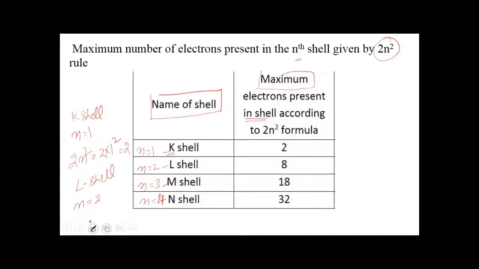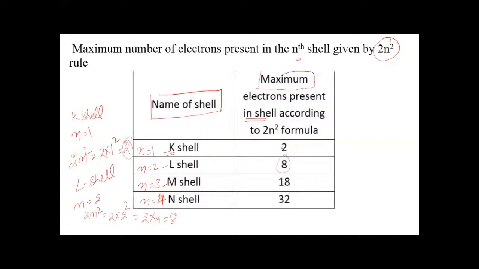According to the formula 2n square, this is 2 into 2 square, which is equal to 2 into 4, which is equal to 8. Okay, so the number of electrons in K shell is 2, in L shell is 8.